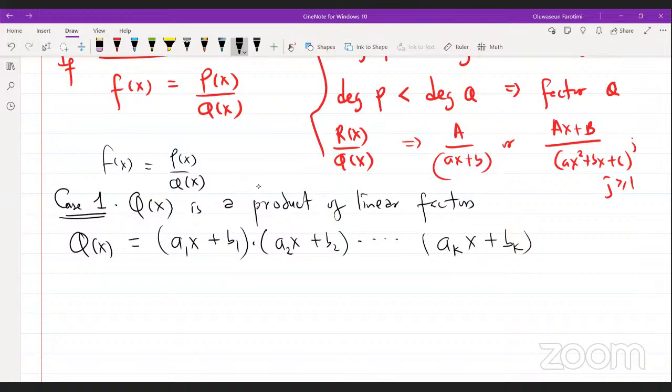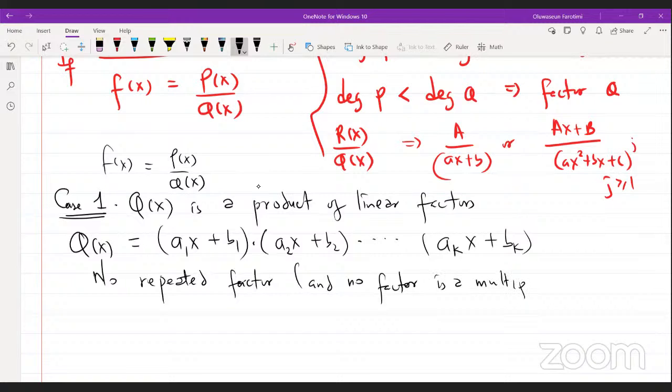When this happens, we assume we have no repeated factor, and no factor is a constant multiple of another.